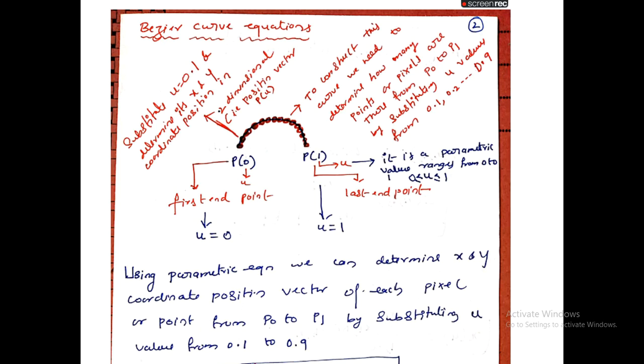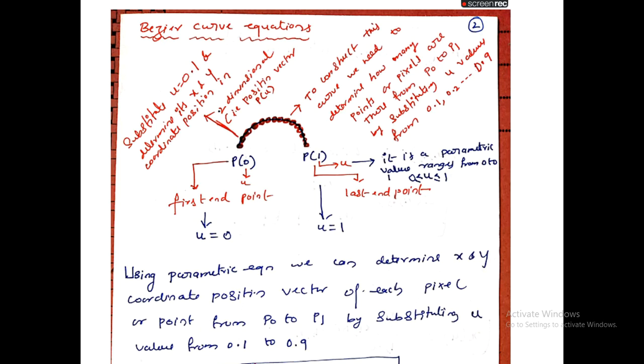The building blocks of the curve are pixels, and for every pixel we need to determine the coordinate position by substituting our parametric constant value u between 0 and 1 for every control point. Then you will get every pixel's neighbors except the first and last pixels.